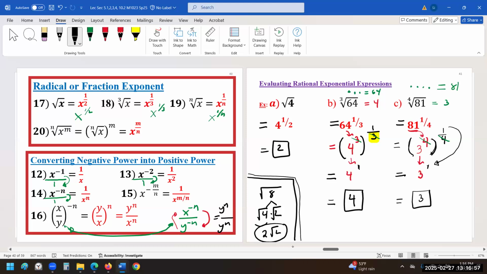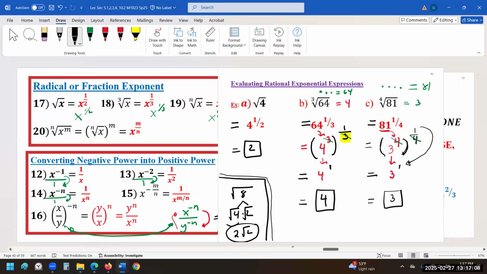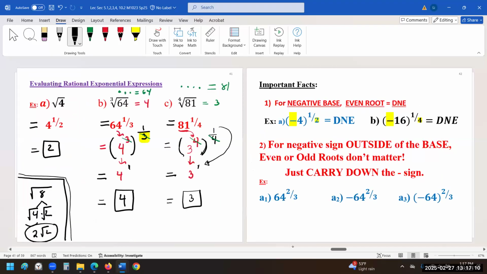So we learned how to convert radical to fraction and how to find numbers both under the radical when you have a fraction. Next, well, what if we have a negative base or negative radicand? So you have two scenarios.